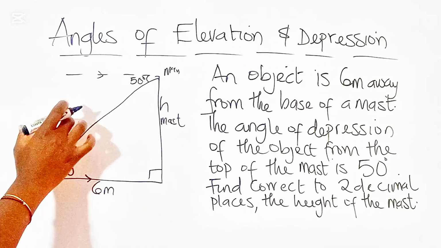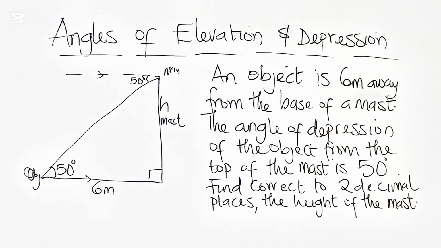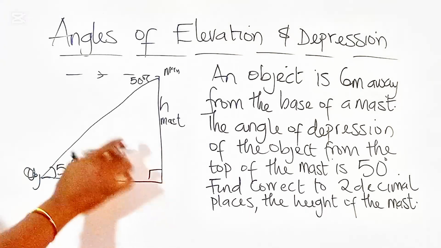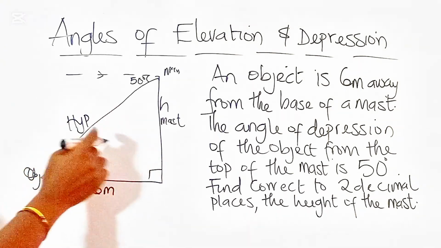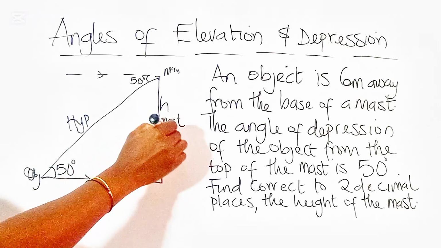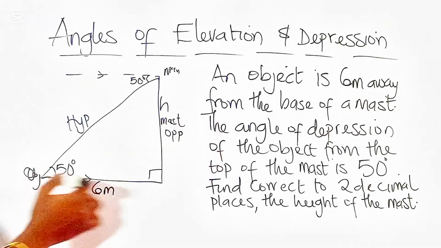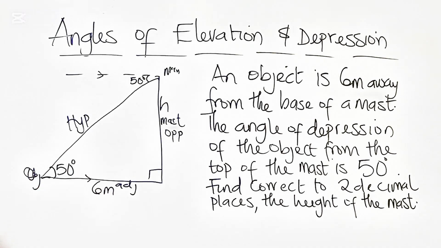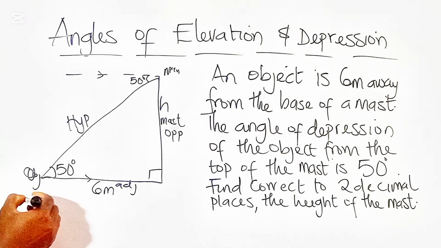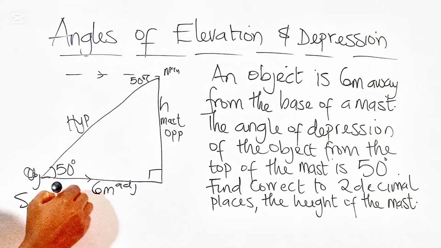Let's identify the sides of this right triangle. The side facing the right angle is the hypotenuse. The side facing the given angle is the opposite. And this third side is the adjacent. We are going to use these basic trigonometric ratios, which is SOHCAHTOA.